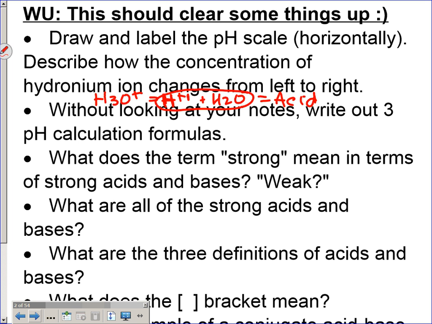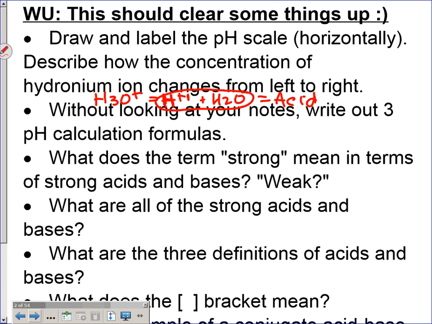So lots of hydroxide in the basic region, and little hydroxide in the acidic region, because you can't have both. Because if H+ and hydroxide are equal, that would be neutral, because the acids and bases cancel each other out. So one end is going to show you it's acidic based on its concentration. We'll talk about the pH formulas in a second.